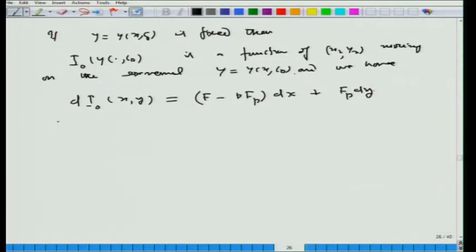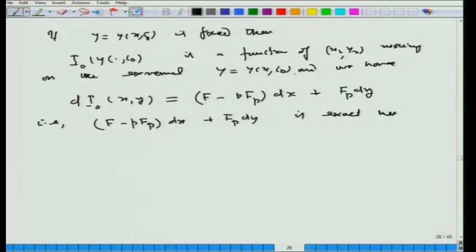And so, this is an exact function here, that is, (f minus p f_p) dx plus f_p dy is exact.